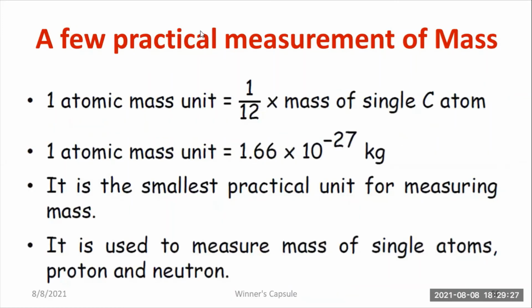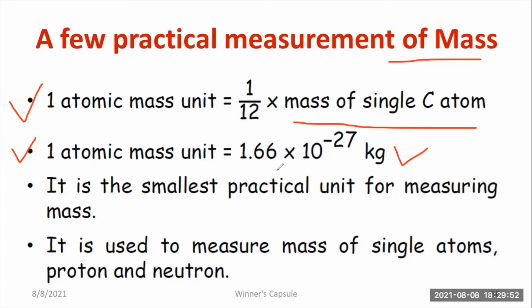Let us list out a few more practical units of measurement of mass. 1 atomic mass unit, AMU, is equal to 1/12th part of the mass of a single carbon atom. 1 AMU can be written as 1.66 into 10 raised to minus 27 kilogram.